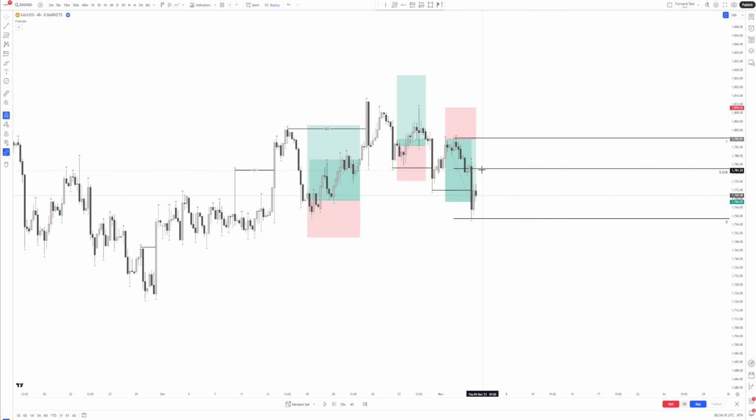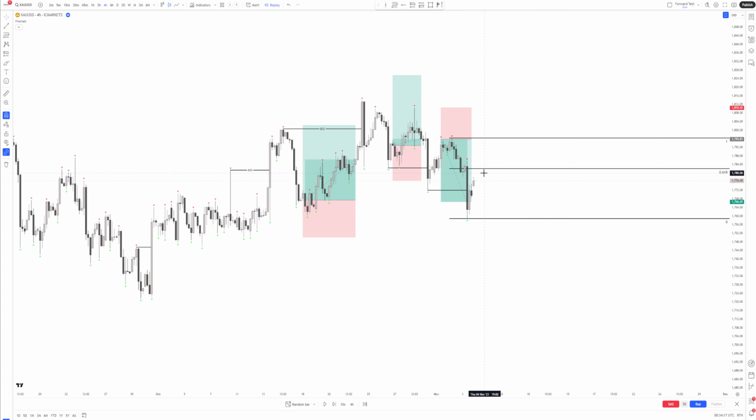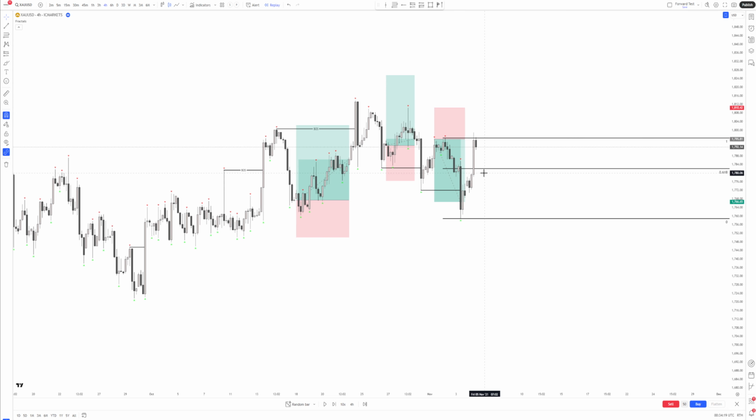Okay, now what we're going to do is wait for price to arrive at that area. And you can see in this respect, had we taken that trade, which we would have, that price did tag us out. Now, you could argue that you could have waited for the price to react in that level, but we're just doing mechanically set and forget, and that would have been a loss.